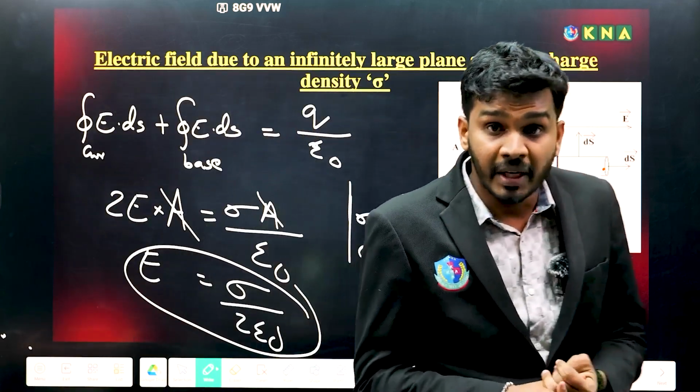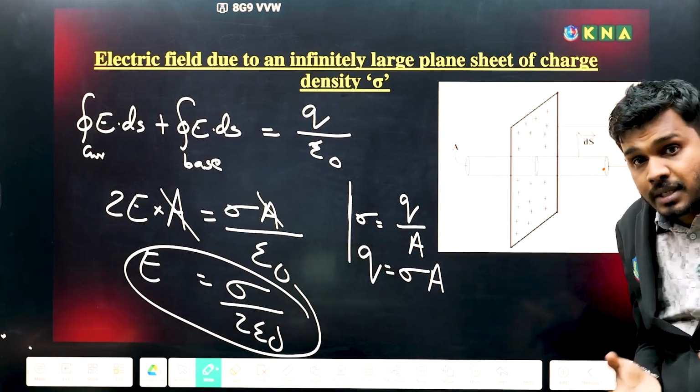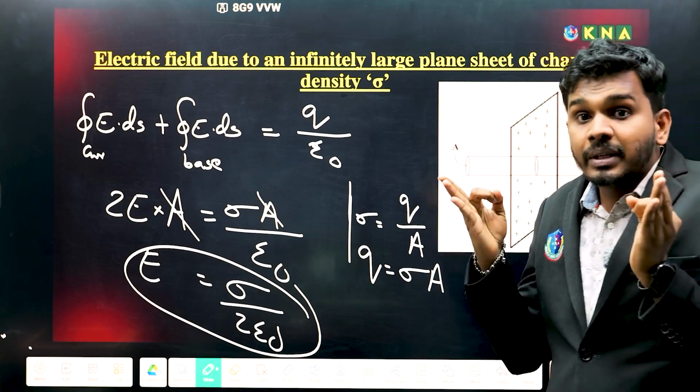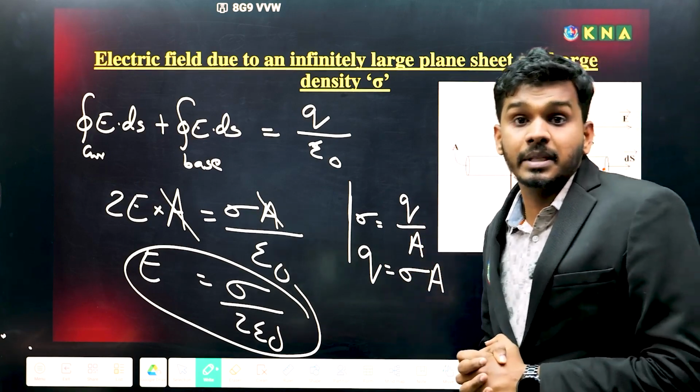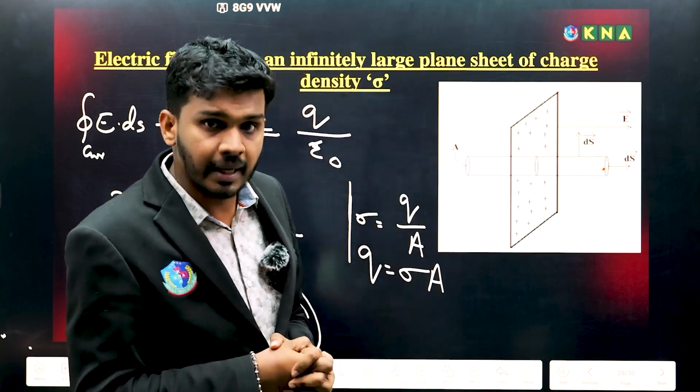What is Gauss's theorem? The total electric flux over a closed surface is equal to 1 by epsilon naught times the net charge enclosed.